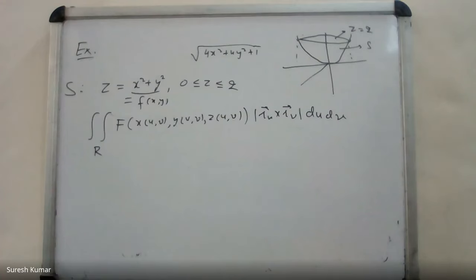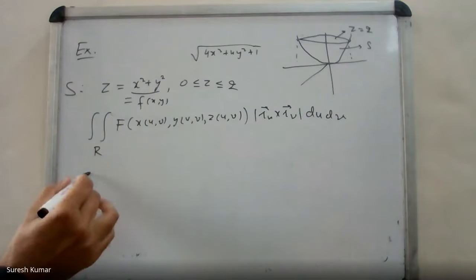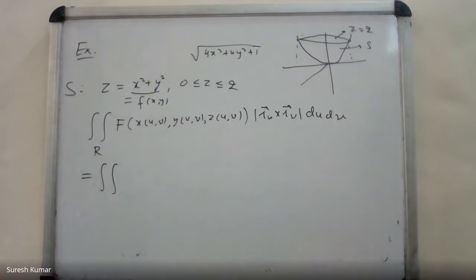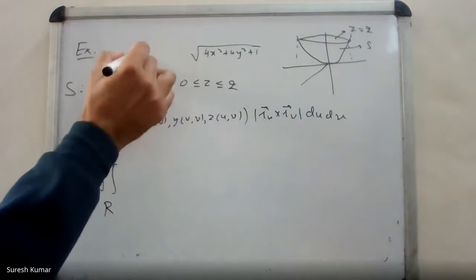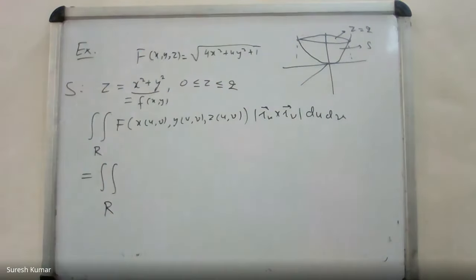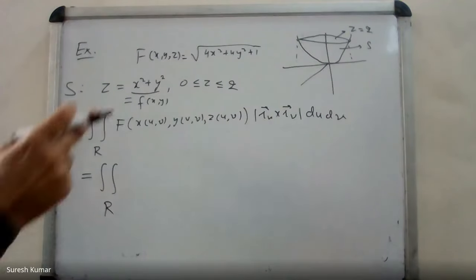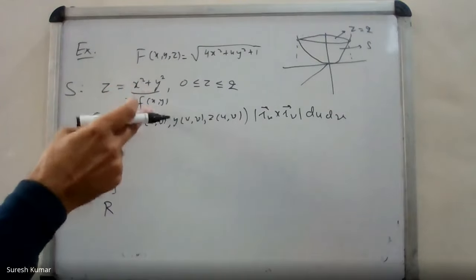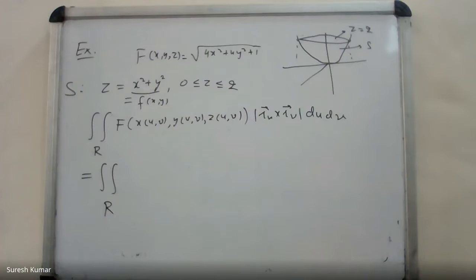If we parameterize in terms of x and y, what do you have? This formula changes to what? This is your capital F actually. For an explicit surface, we usually denote this term by small f(x,y). That's why I removed that from the place. Okay?